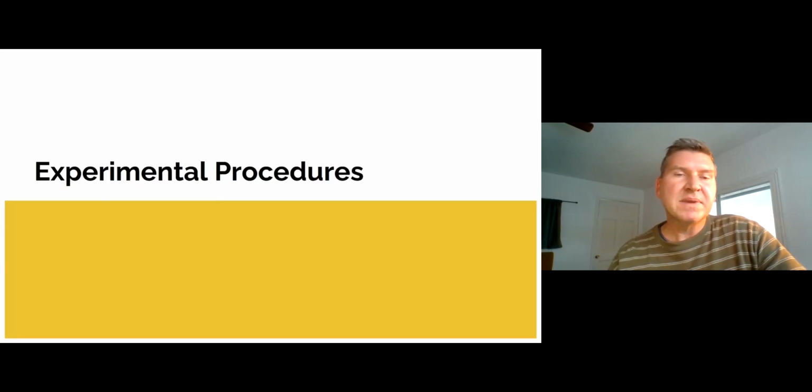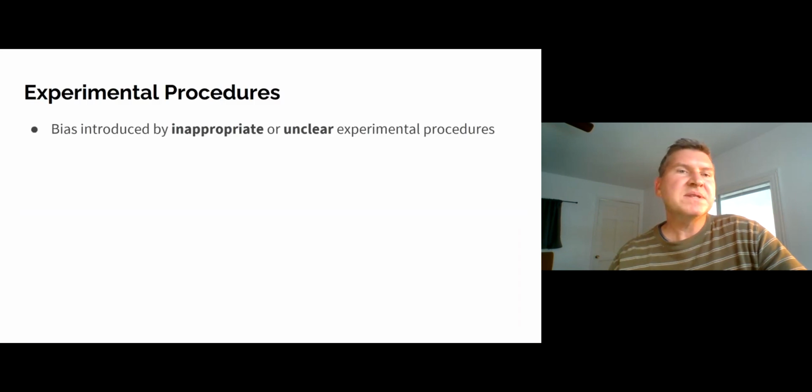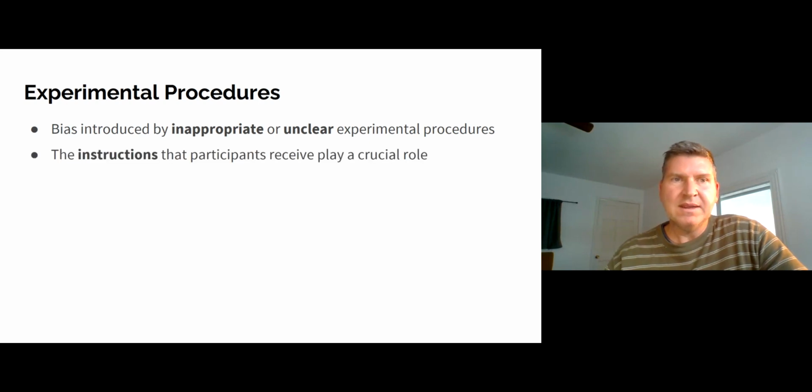So let's talk about some experimental procedures we can follow. Sometimes bias is much easier to remedy than using the measurement instruments. One way is if there are inappropriate or unclear experimental procedures, and this happens very frequently. The instructions that participants get play an important role in whether there's bias.